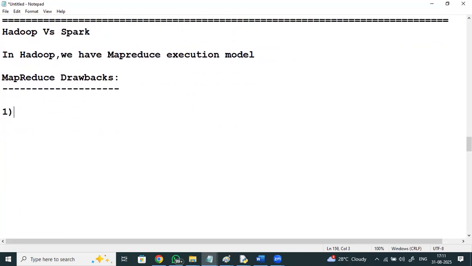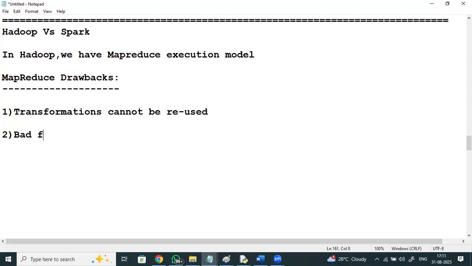First thing, transformations cannot be reused. So we need to re-execute every time. And this is bad for iterative algorithms.